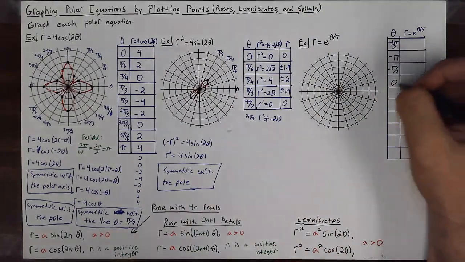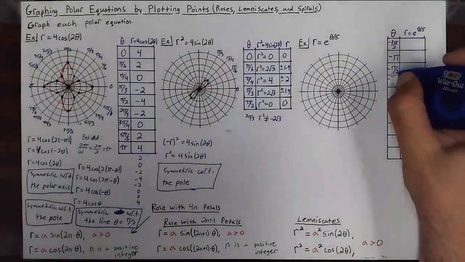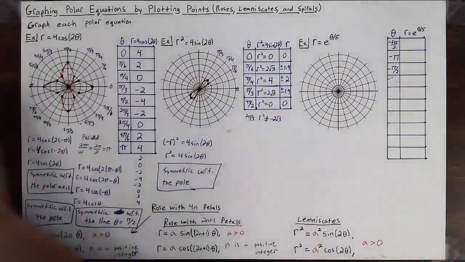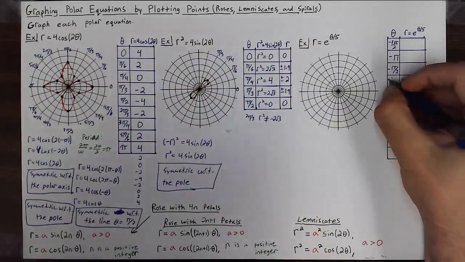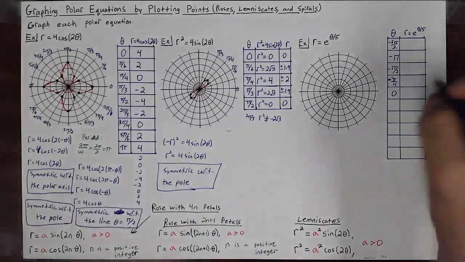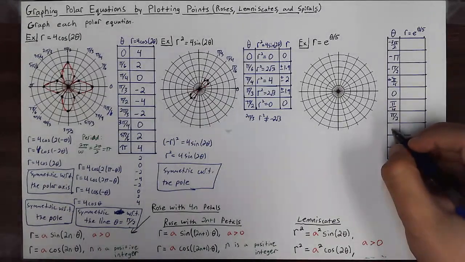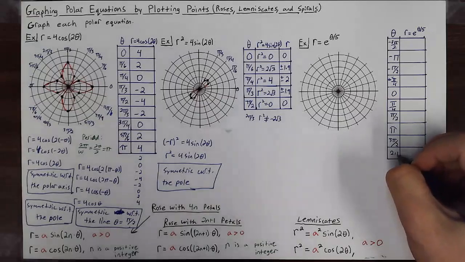Oop, not 0, but negative pi over 4. Give another value. So negative pi over 4. Then 0. Then we'll do pi over 4, pi over 2. And then we'll do pi, 3 pi over 2, and 2 pi.